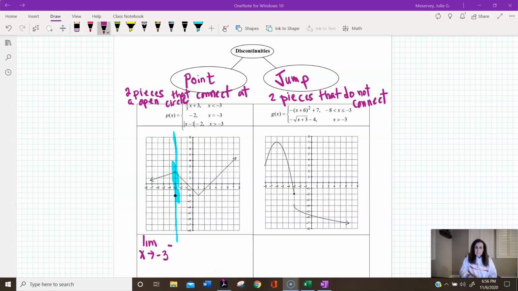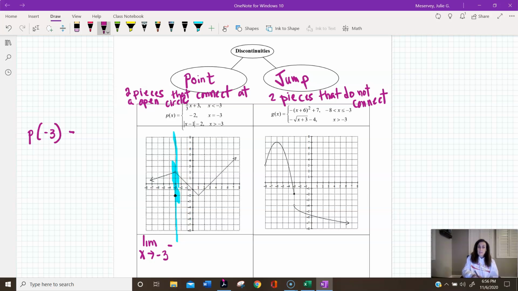Graphically, you can see that as x is getting closer and closer to -3, y is getting closer and closer and closer to 2. Now, it doesn't matter that when I'm actually at -3, I equal -2. So if I said, what is P of -3 on this graph?